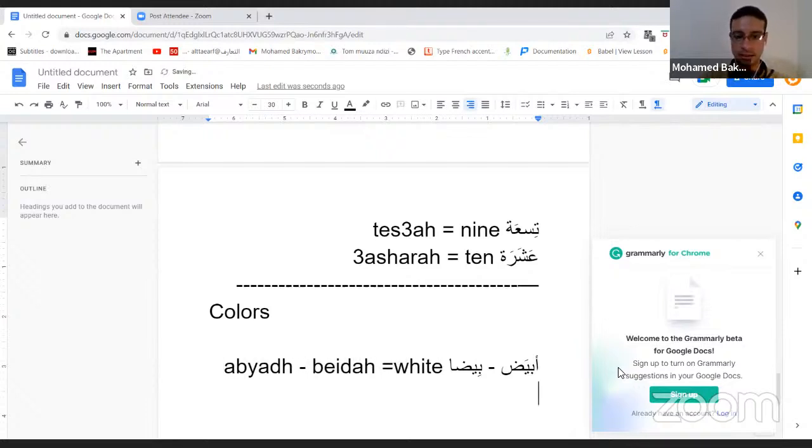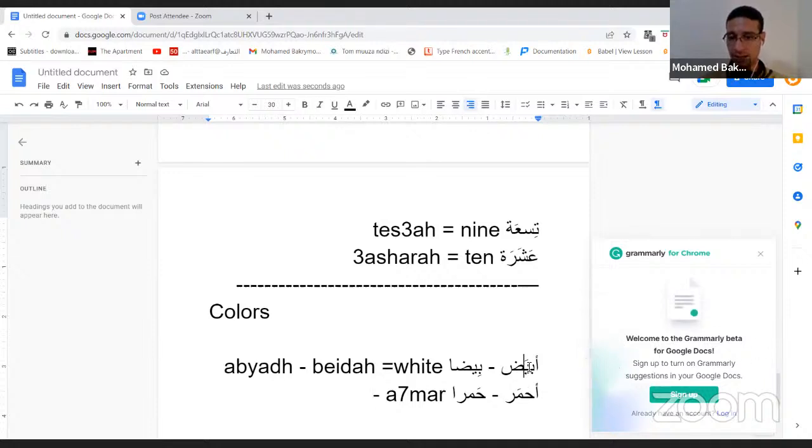And the next color is أحمر. Okay, and then حمراء. This means red. Here, in the word أحمر and in the word أبيض, I don't have any long vowels.